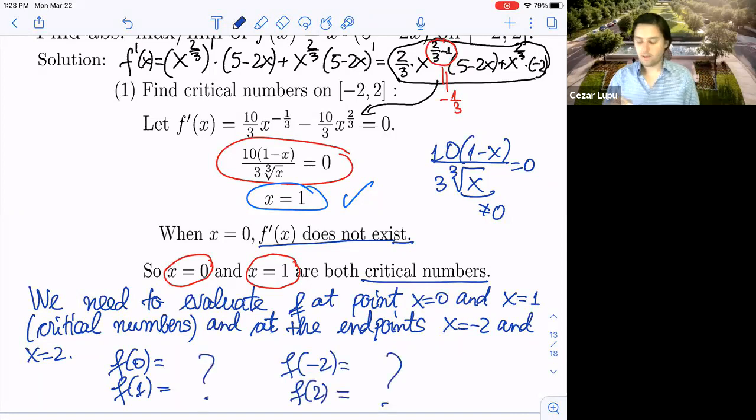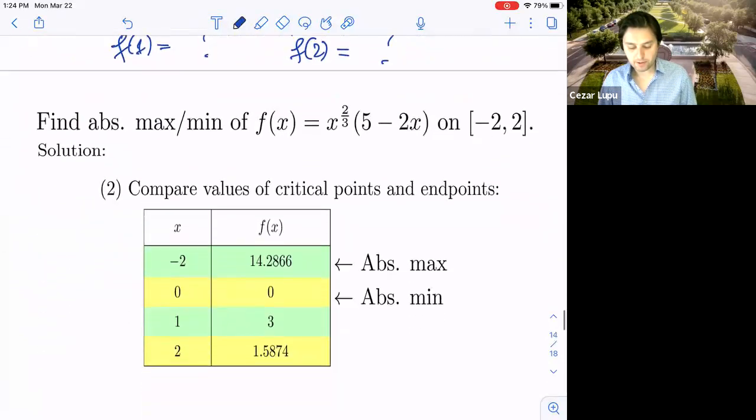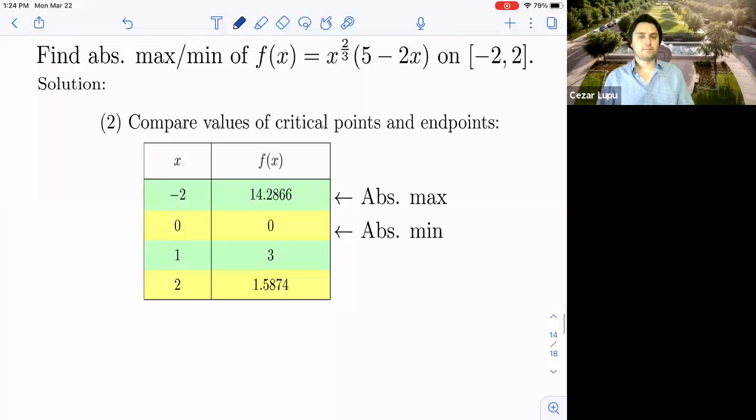Who are they? Well, you will see that in the following chart, and let me show it to you. If you look at this chart, we compare the values of critical points and endpoints. The endpoints are -2 and 2, and the critical points are 0 and 1.